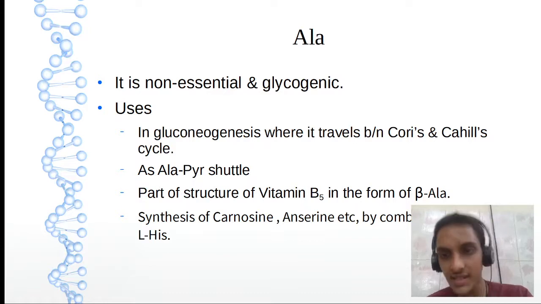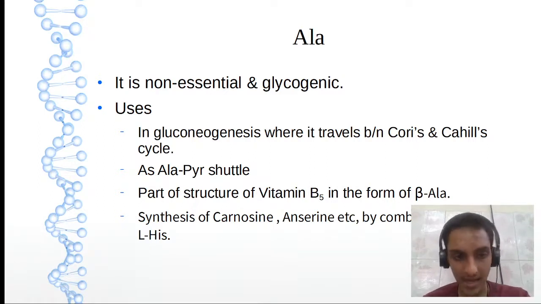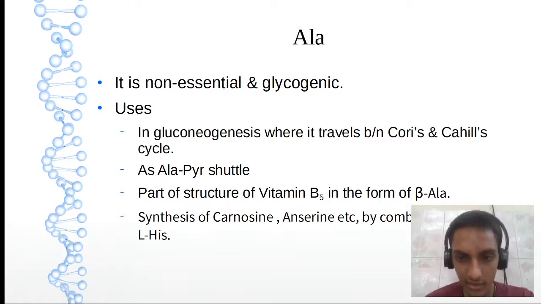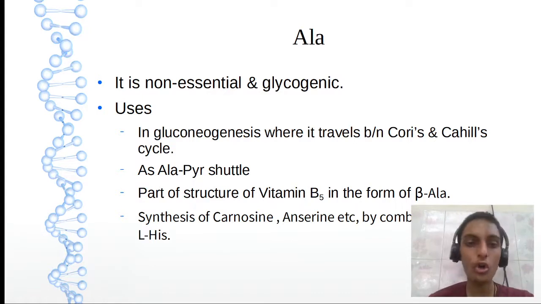Now the pyruvate is transaminated to form alanine and lactate. So alanine is the amino acid, lactate is the keto acid. Okay, keto acid. Yeah, we have a keto group in lactate. So both of these enter the bloodstream, then go into the liver, and gluconeogenesis happens. That is, we'll get back glucose.